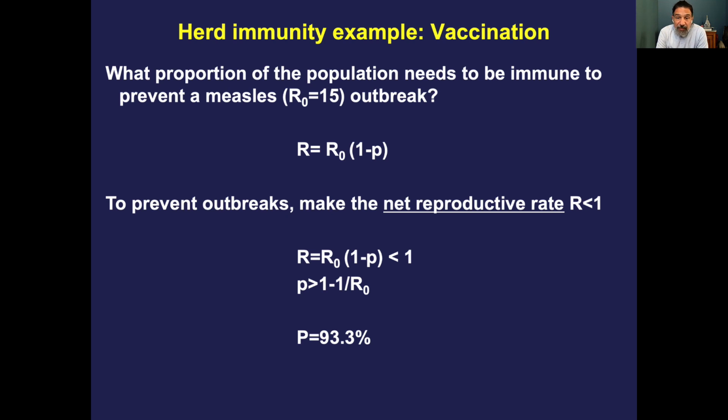So in the example of measles with an R naught of 15, what proportion of the population needs to be immune to prevent measles outbreaks? If you set R to be less than 1 and use an R naught of 15, we can solve for P and get 93.3%. So to prevent measles outbreaks, a very high proportion of the population needs to be immune.